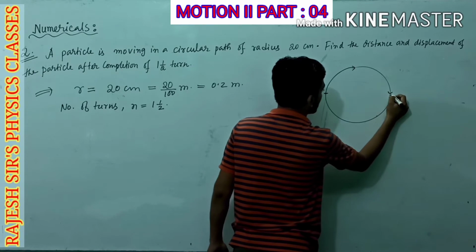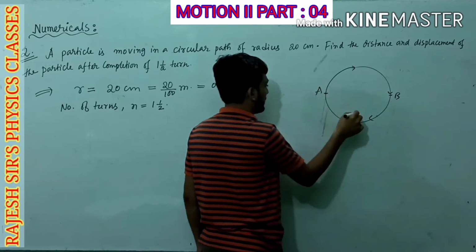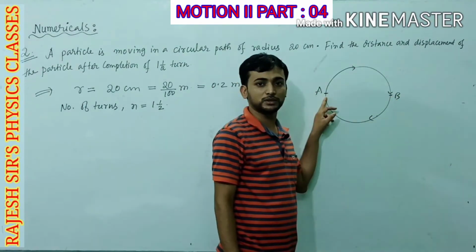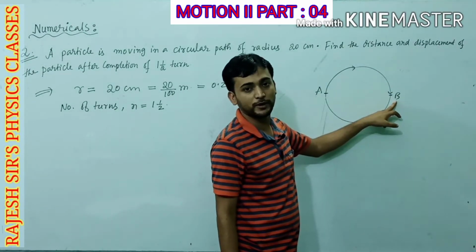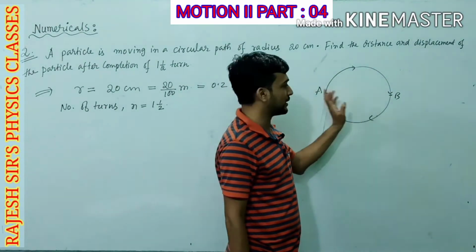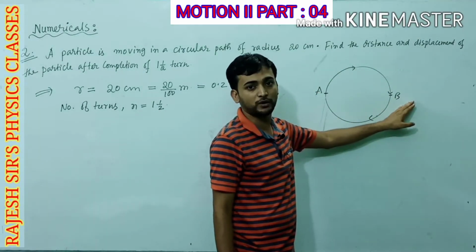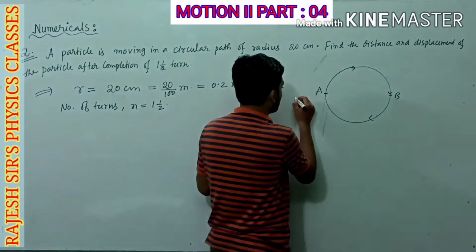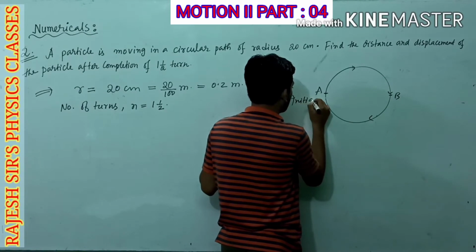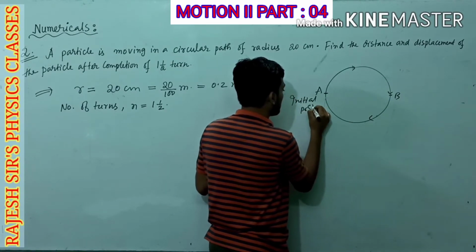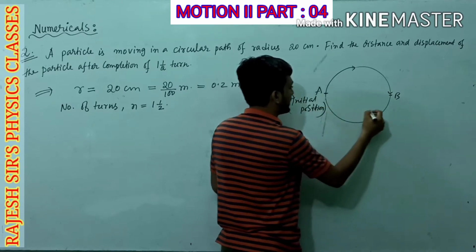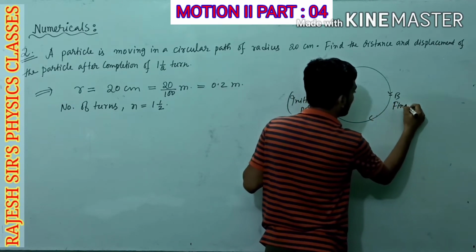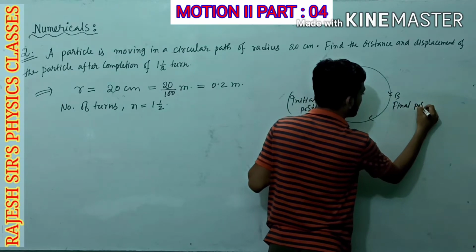For one complete rotation, the particle comes to its initial position, and for the next half rotation, it reaches the point B. Now what is B? B is the diametrically opposite point of A. This is the initial position, and this one will be the final position after 1.5 turns.